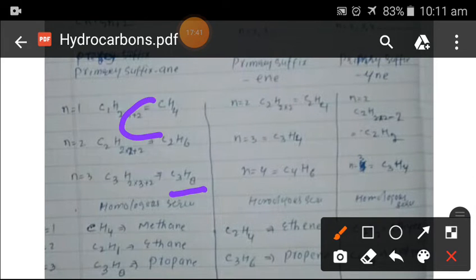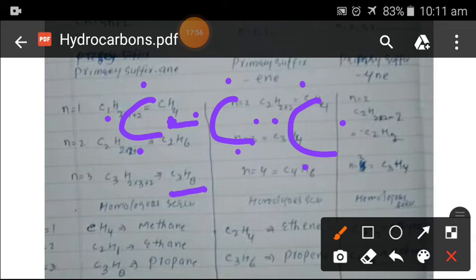So first carbon atom, second carbon atom, third carbon atom, they will show mutual sharing because each carbon atom has 4 valence electrons. So one electron will undergo mutual sharing with this carbon atom to form a single bond. So there is a single bond here.